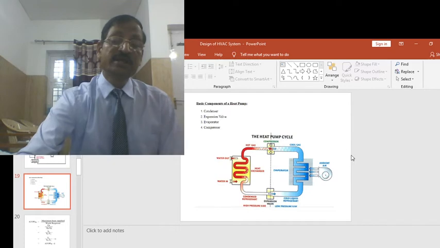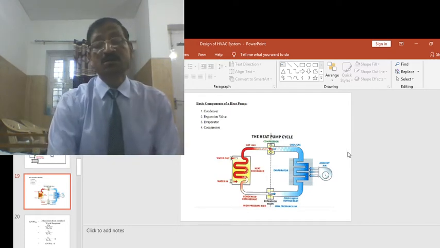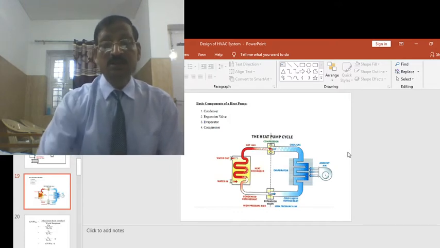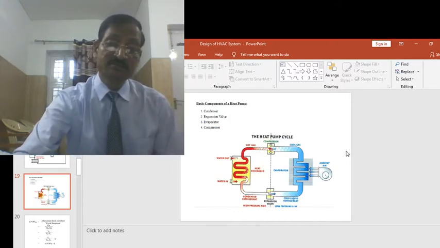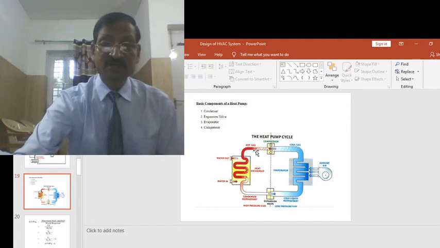This is a heat pump. Nowadays the heat pump is also very common, used in the winter season. Here, this is just like a reverse system. The refrigerant from the condenser comes to the heating coil. The hot water is circulating.